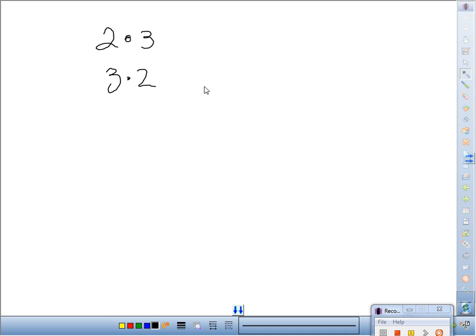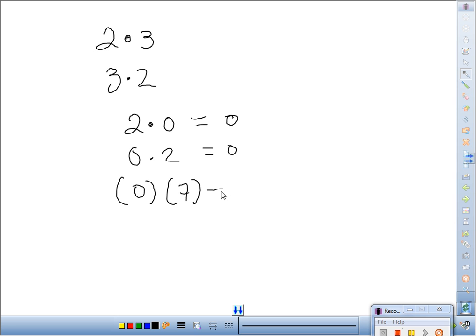However, we also covered a property with 0. 2 times 0 is 0. 0 times 2 is 0. How about 0 times 7? 0. What about 7 times 0? 0. Are we there so far?